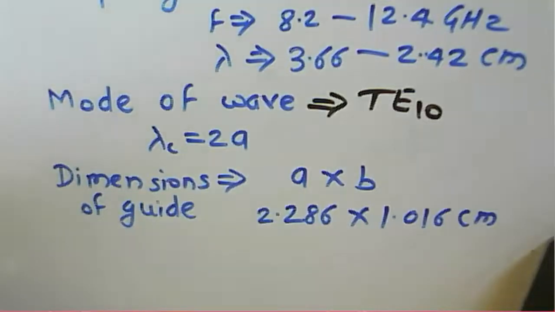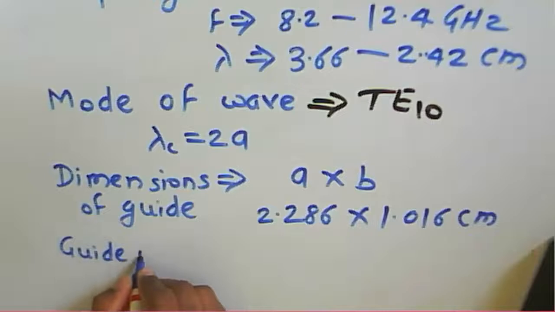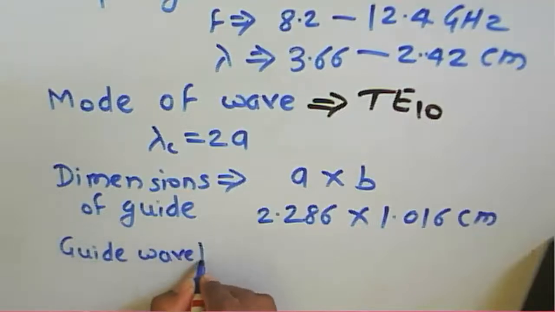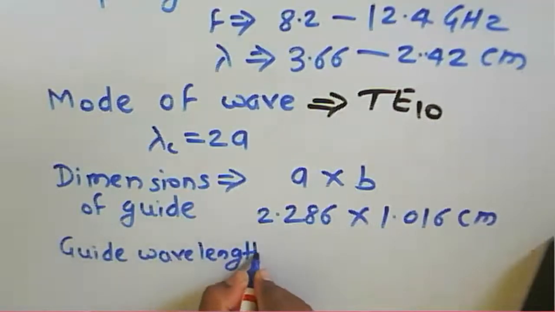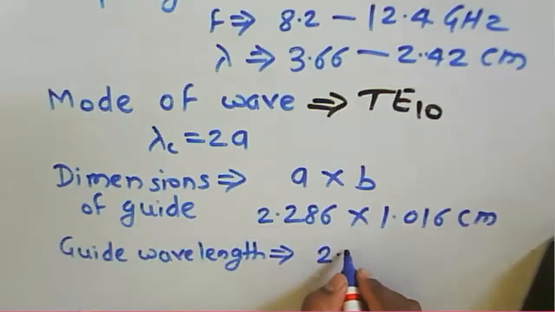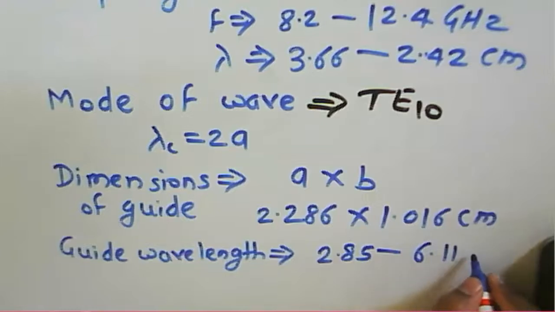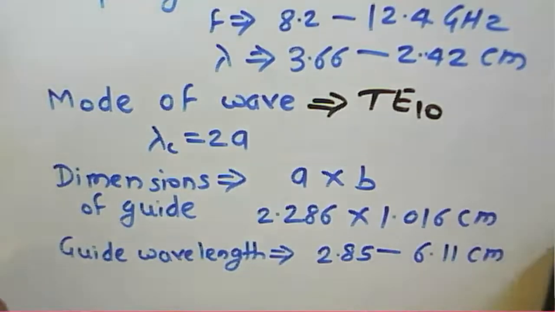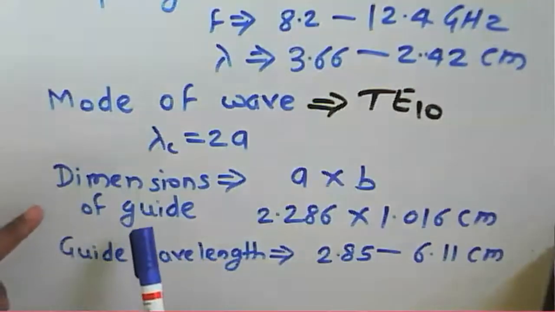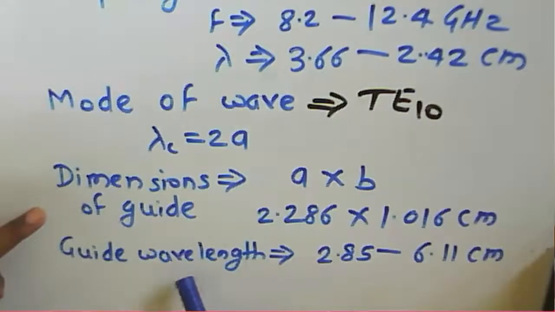And then the guide wavelength range is about 2.85 to 6.11 centimeter. Now this one is the dimension of a guide, and this one is the guide wavelength.